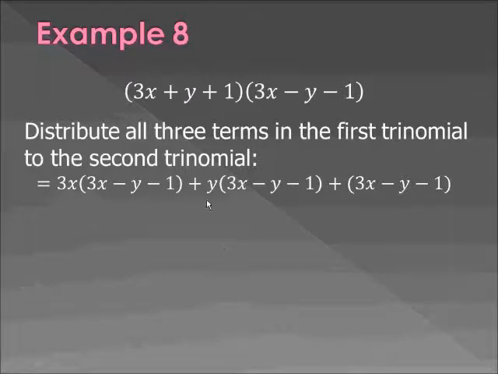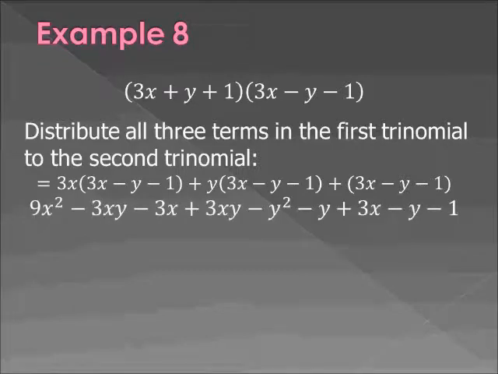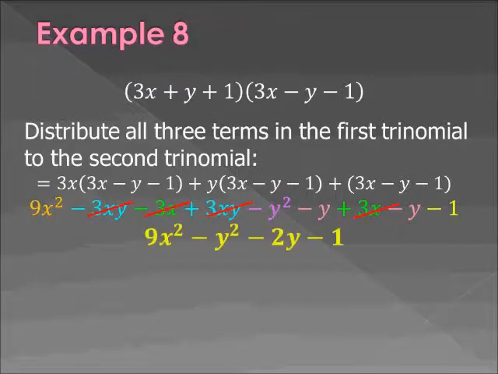You do the same with y, and you do the same with the positive 1, which I didn't write here because you don't have to. Again, expand everything and then combine like terms and simplify. And I will let you do this step by step. A lot of these terms cancel out, and you're left with 9x squared minus y squared minus 2y minus 1.